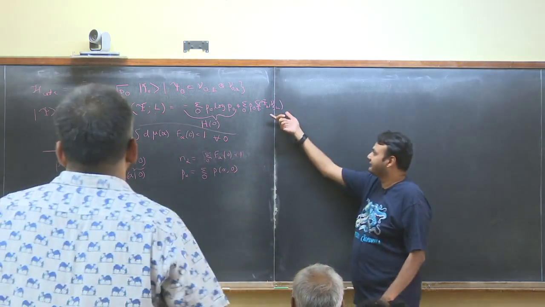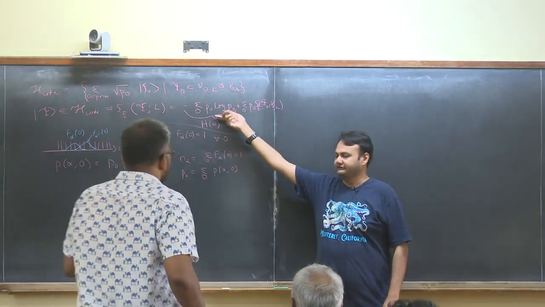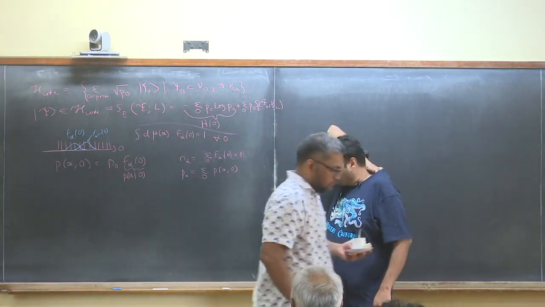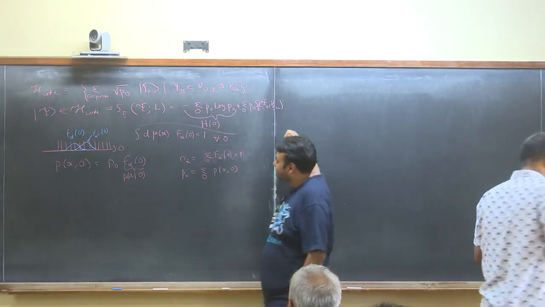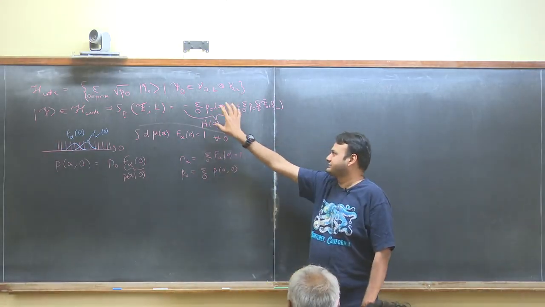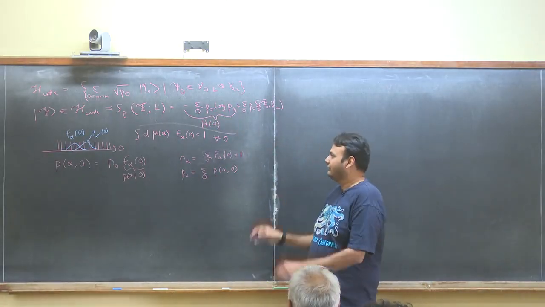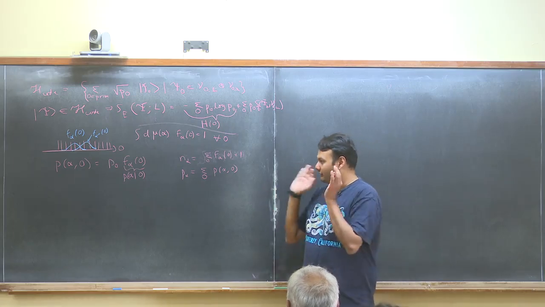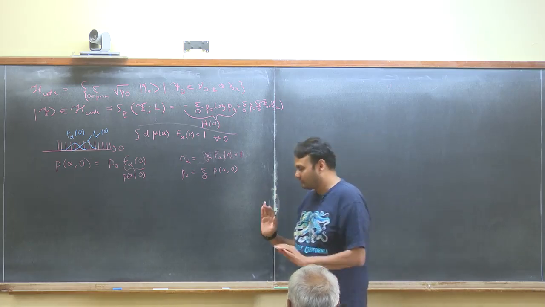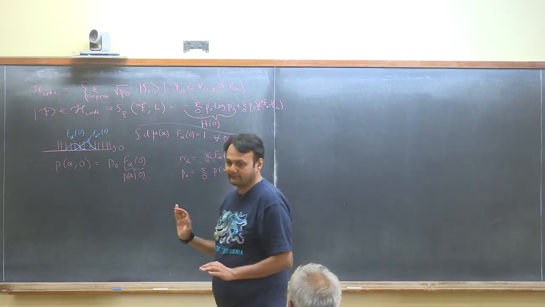So there's a descendant entanglement entropy, and there's a Shannon entropy. For now, let me just focus on the Shannon entropy. For a while I'll just talk about classical probability distributions, and I'll come back to quantum mechanics later.